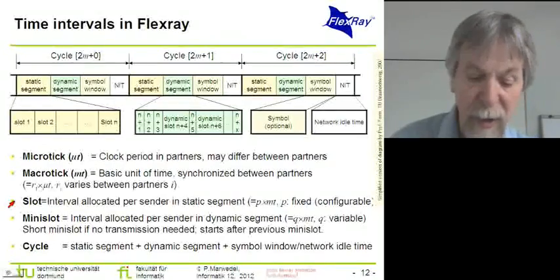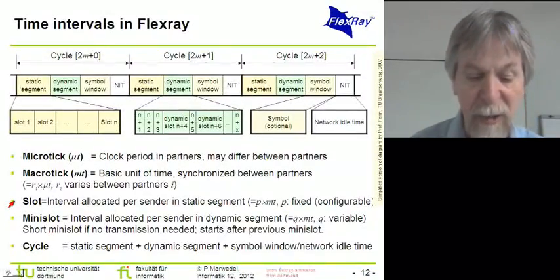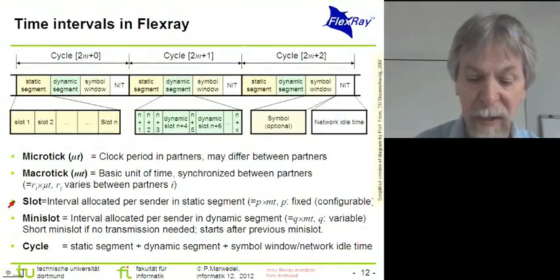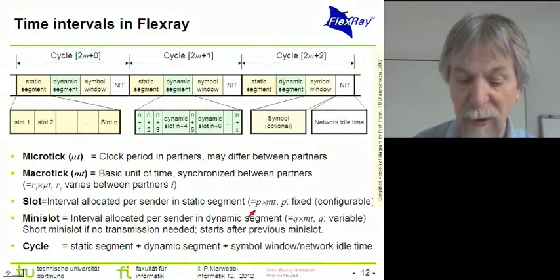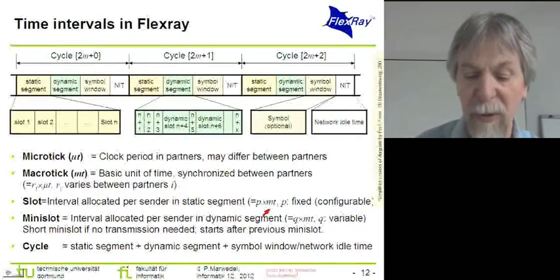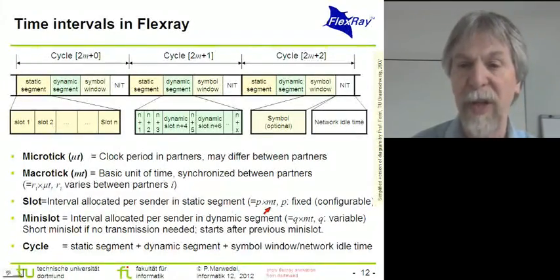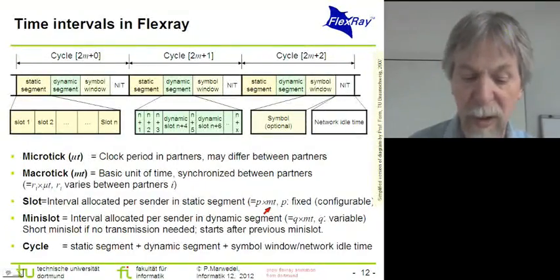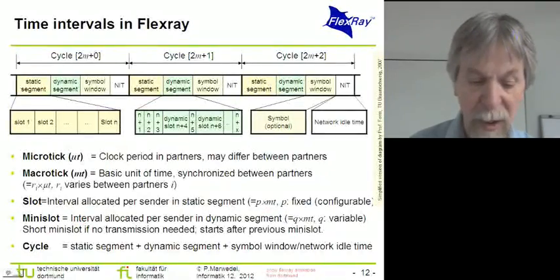The slot is the amount of time which is allocated per sender in a static segment, and such a slot is one multiple of the macro tick, and this multiple can be configured depending on the particular application.